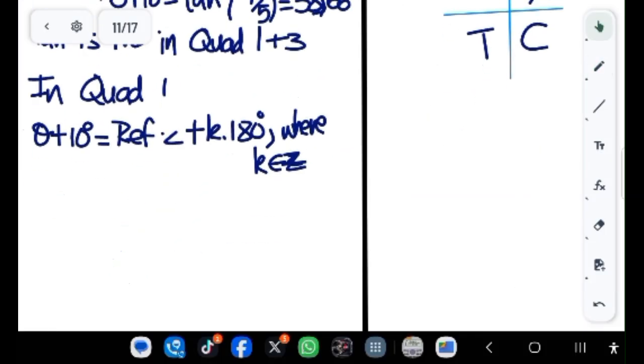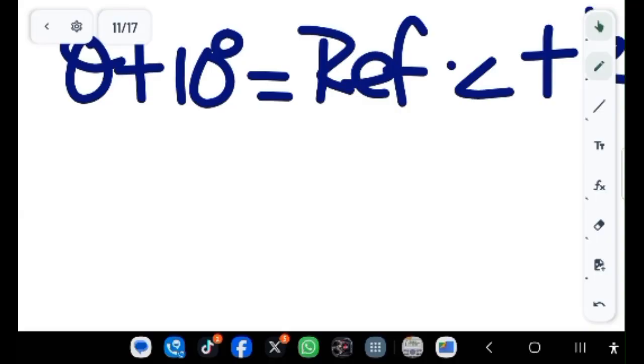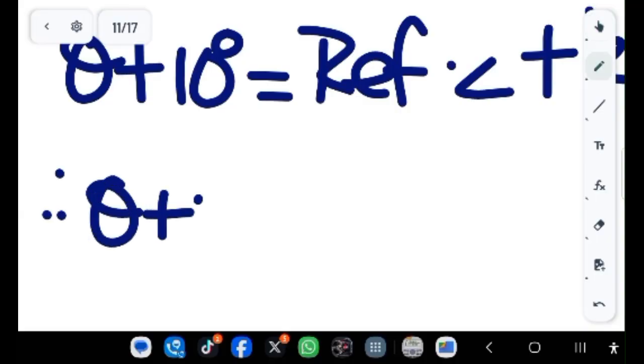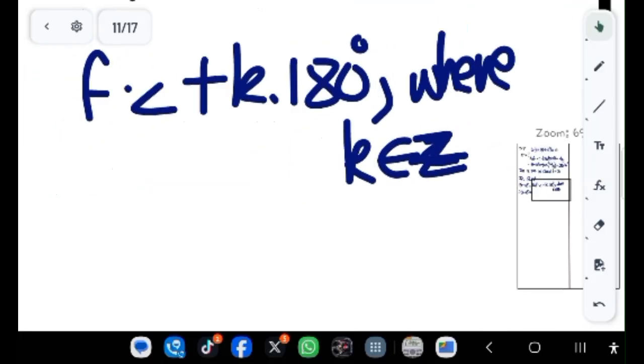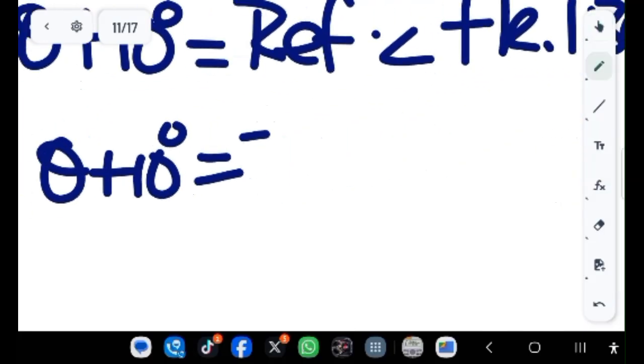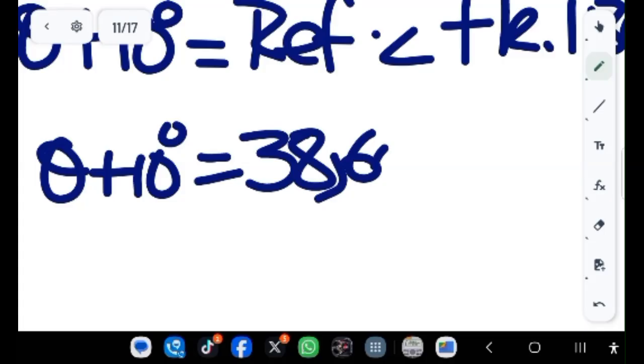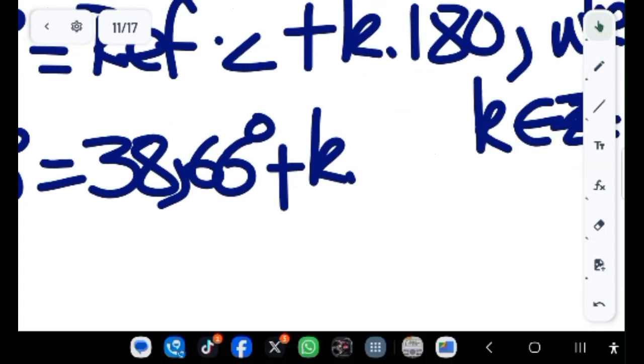So now that becomes theta plus 10 degrees equals the reference angle that we just calculated, 38.66, plus k times 180.